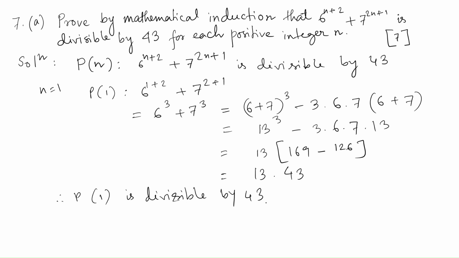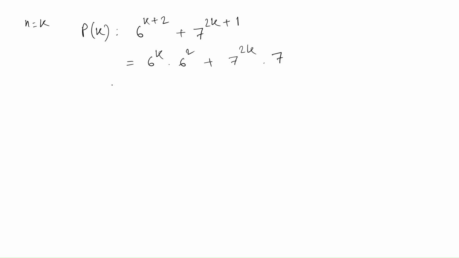Now we have to prove it for n equals k. Let's take n equals k. Then Pk becomes 6 power k plus 2 plus 7 power twice k plus 1. This is equal to 6 power k into 6 square plus 7 power twice k into 7.